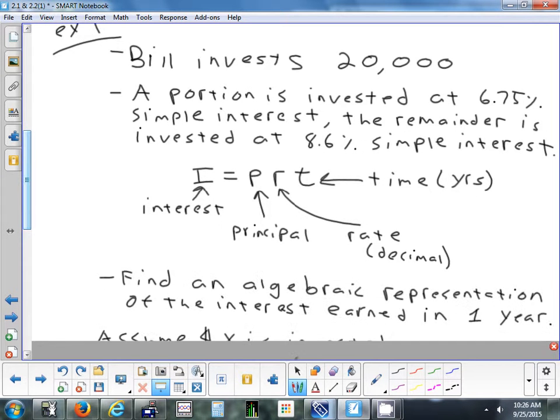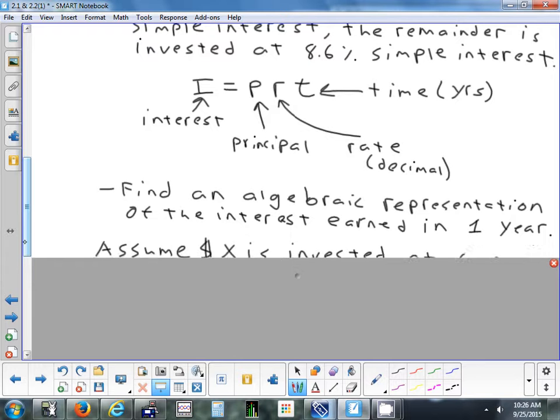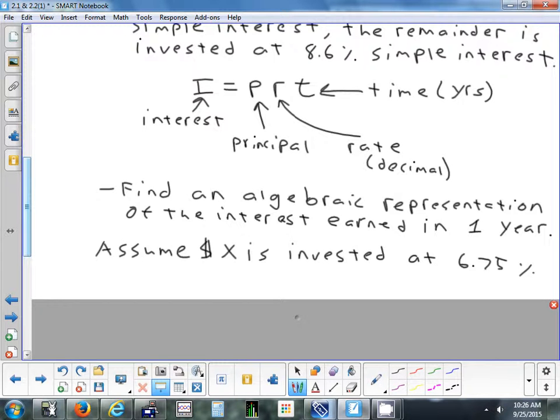All right, so our goal here is to find an algebraic representation, or come up with an equation for how much interest Bill's going to earn in 1 year. Well, Bill's going to be earning interest from 2 different sources. He's going to earn some interest from this investment at 6.75%, and then he's going to earn some other interest from the investment at 8.6%.